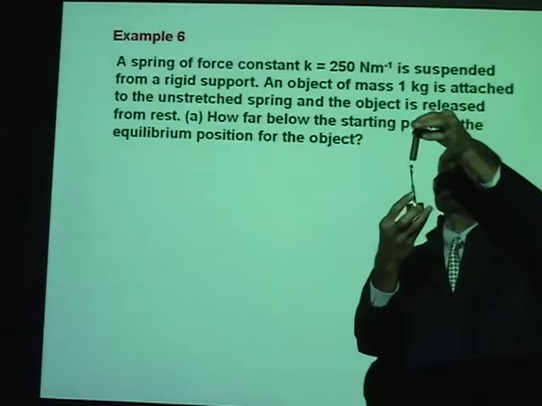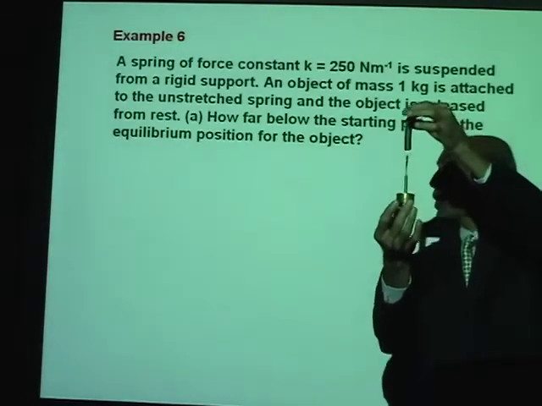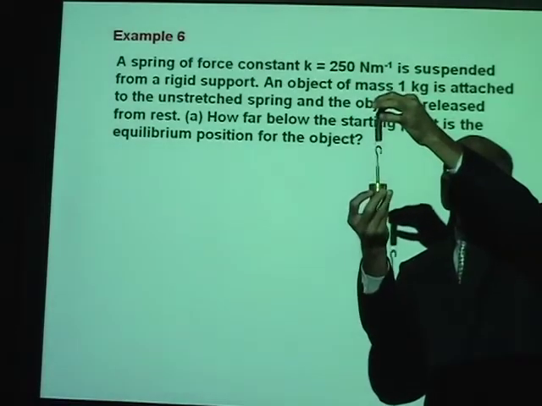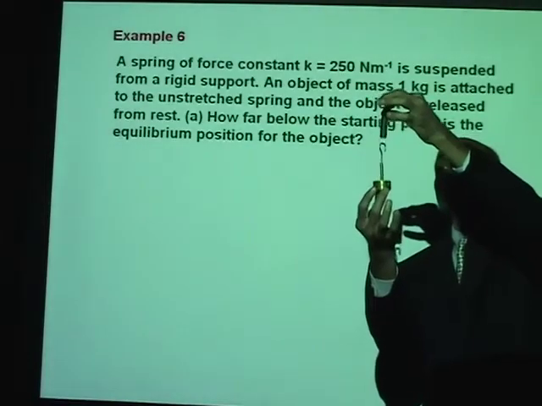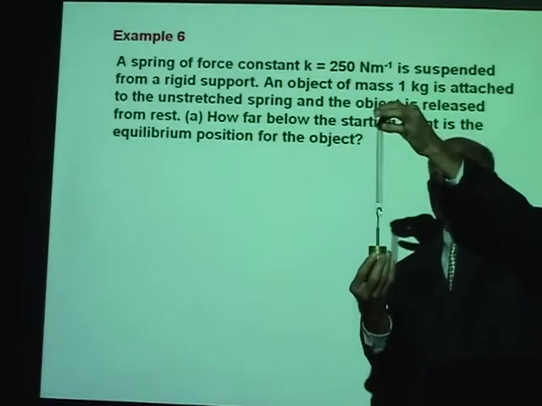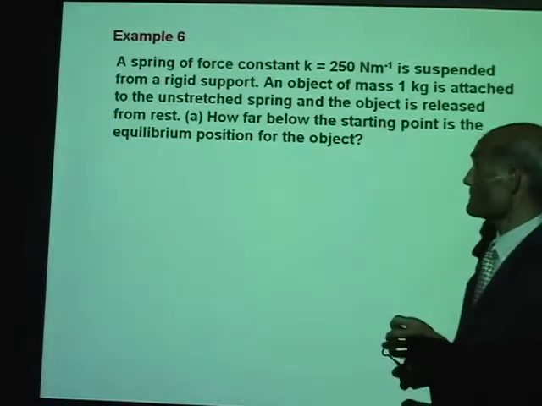Well, is it reasonable to assume that if the object is going to go all the way to the lower extreme, the equilibrium will be somewhere in between? Is that right?